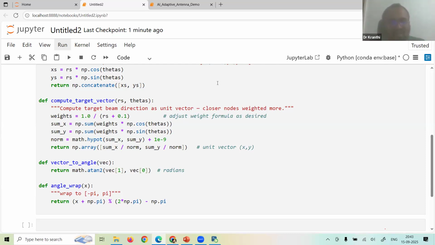In the second point, we talk about antenna beamforming and IoT nodes. Imagine an IoT hub like a base station at the center. Around it, multiple IoT devices, which we call nodes, are scattered randomly. To communicate efficiently with all those IoT devices from this base station, the antenna should focus its beam toward the region where important nodes are located.